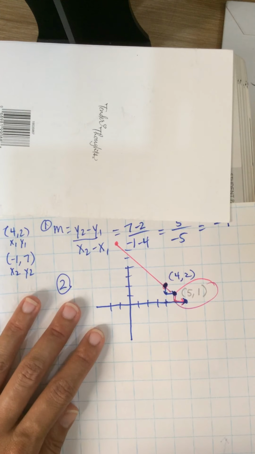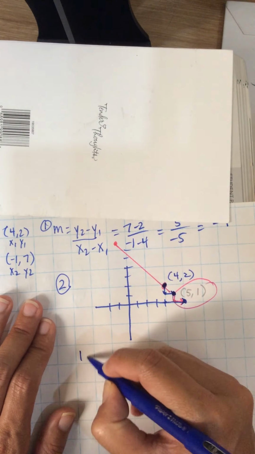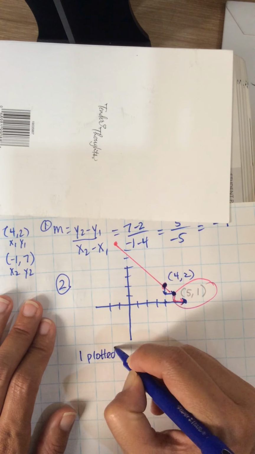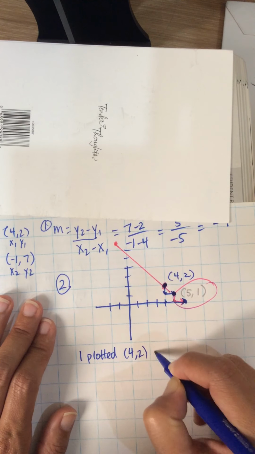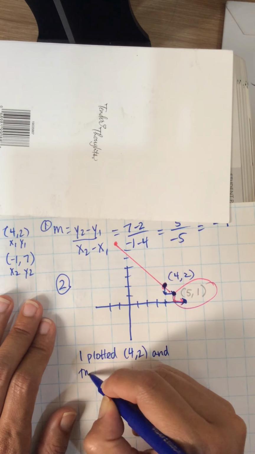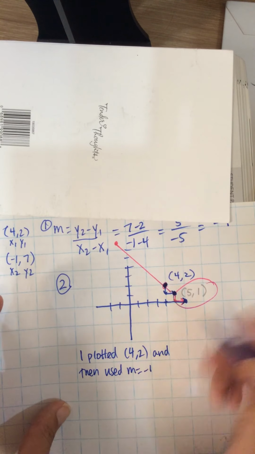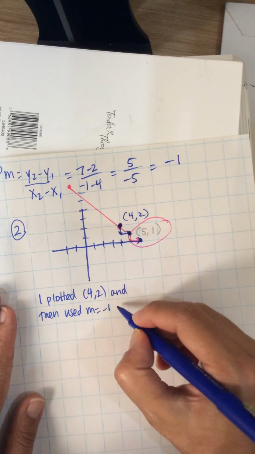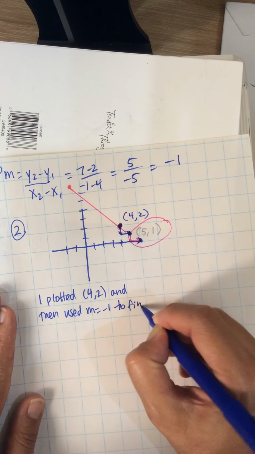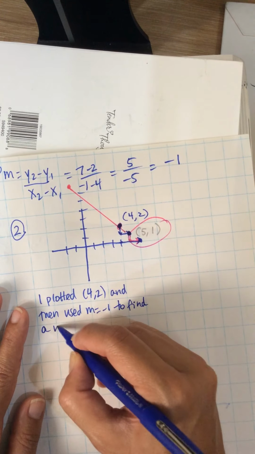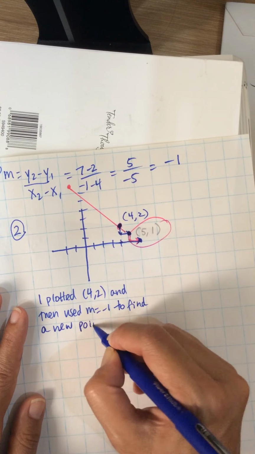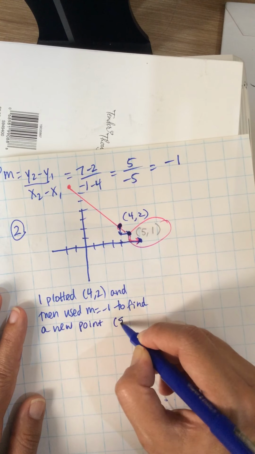So it says to describe my method. My method is I plotted 4, 2, and then used m equals -1, my slope, to find a new point, 5, 1.